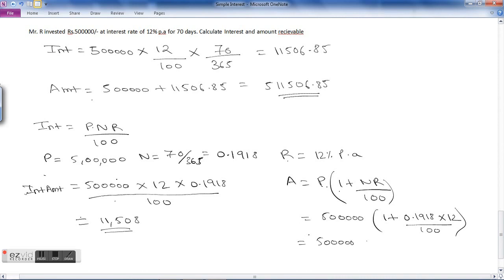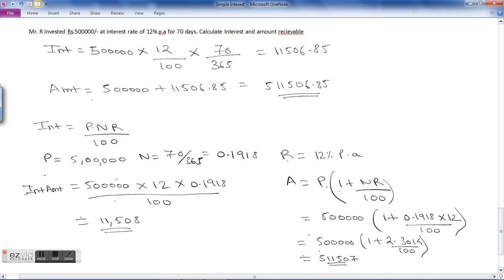That comes to 5 lakh into 1 plus 2.3014 divided by 100. Now if you solve this, it comes to 511507. This is the same as we calculated without using the formula. So this is how you need to calculate the simple interest, and this is the formula for simple interest.